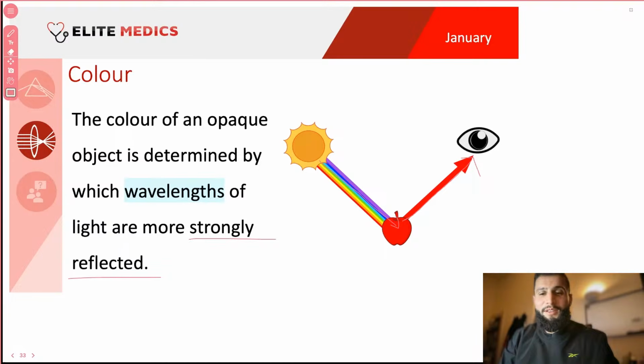So what does that mean? Yes, exactly. So that it reflects yellow and absorbs the others. Exactly. Very good. That's exactly what it means. Now you guys are pros.